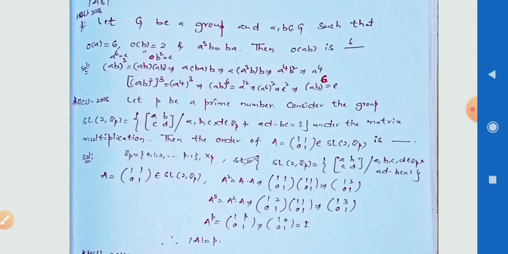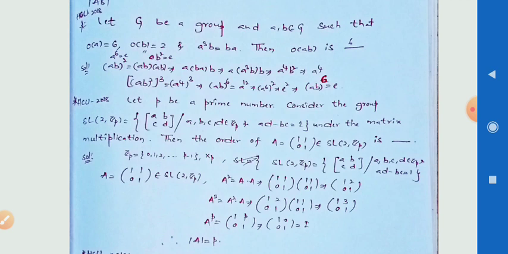Here the special linear group SL(2, Zp) is the set of a b c d such that a, b, c, d belong to Zp and ad minus bc is equal to 1. Matrix A is given as 1 1 0 1, belonging to SL(2, Zp).